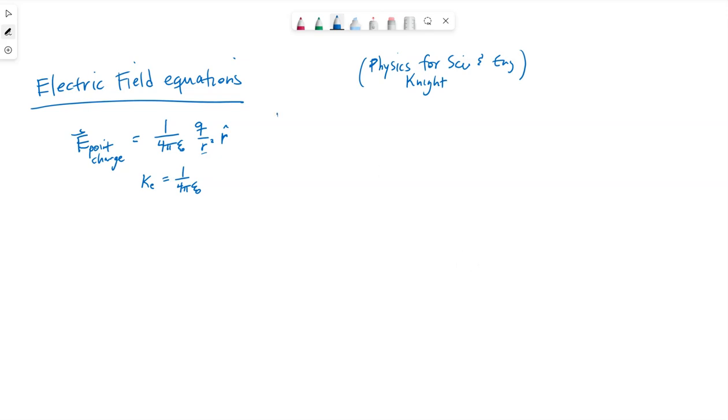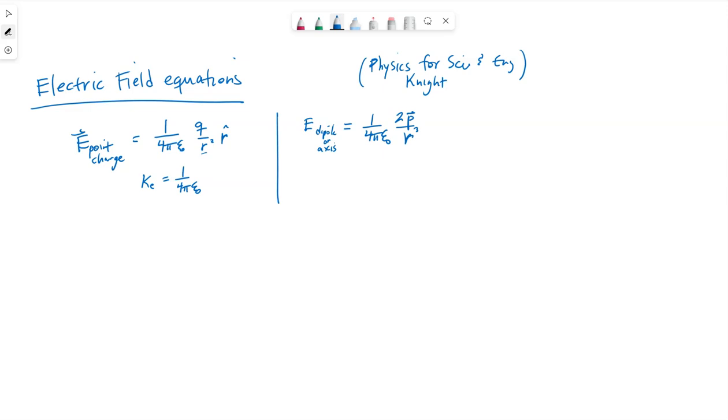Next to that equation, we have E of a dipole on axis. So 1 over 4 pi epsilon naught 2p over R cubed.